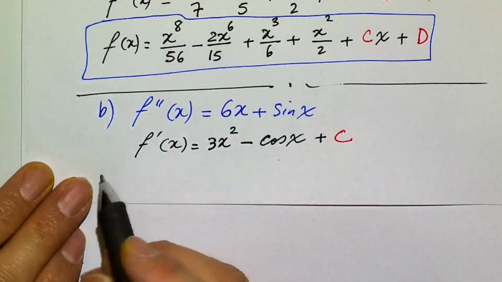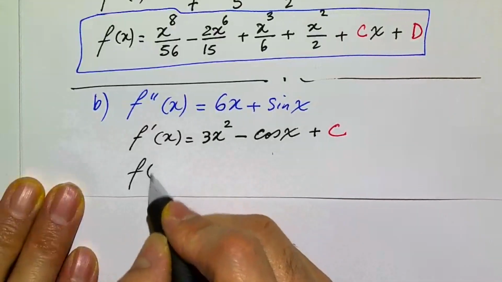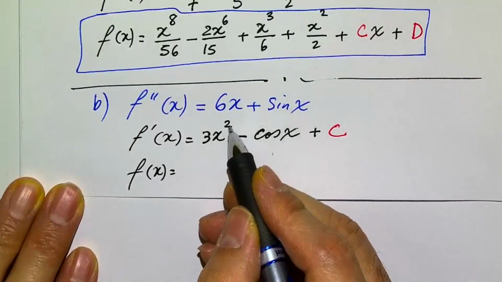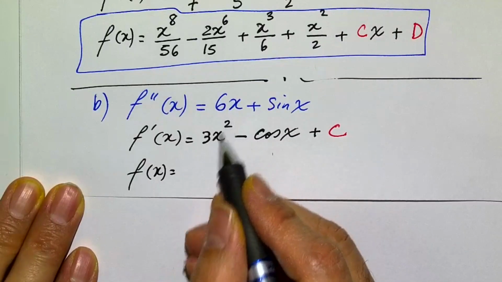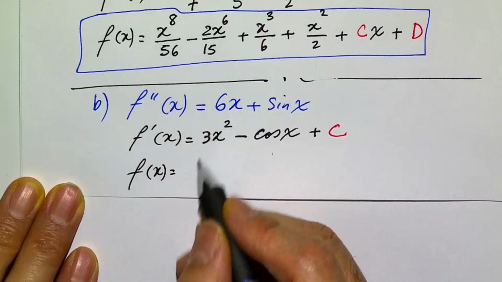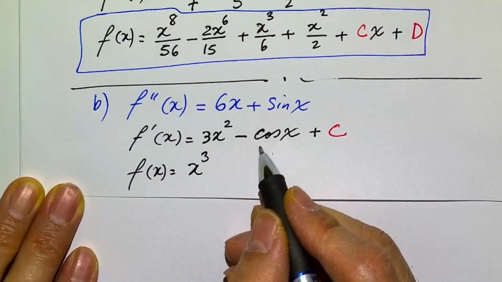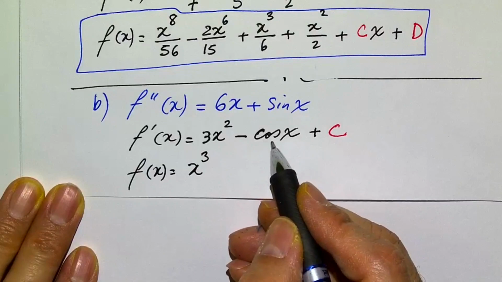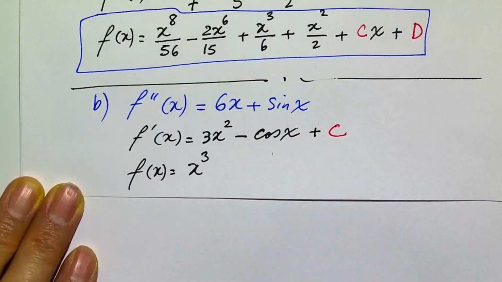And then, of course, let's find the antiderivative of this. We add 1 to that, divide this by the new power. That would be x cubed over 3, which would cancel this. We get x cubed. Then cosine of x has the antiderivative sine of x.